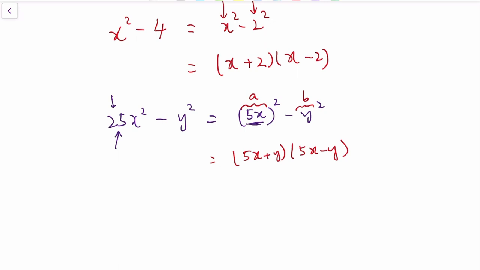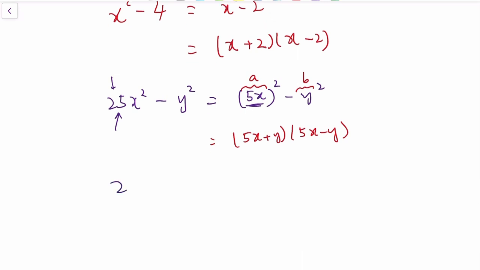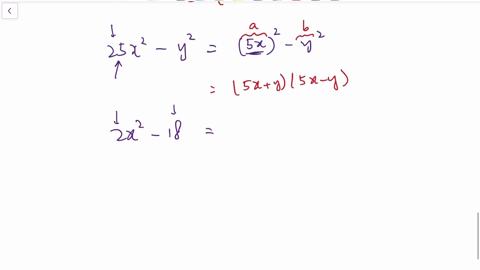Okay. One more, maybe is 2x squared minus 18. Okay, give this a try. Now for this one, the interesting thing is, 18 is not something square. As a matter of fact, 2 is also not something square. So what happens is, for this question, you have to first do a normal factorizing.